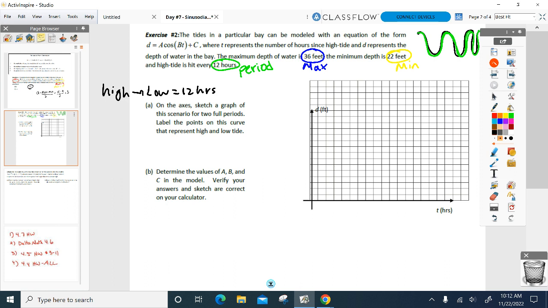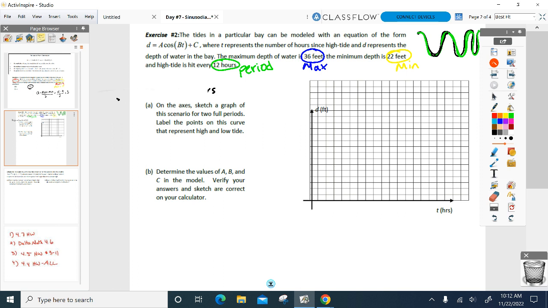If high to low is 12, so from here to here is only 12 hours, 12 wouldn't be the period anymore. What would it be? Another 12, so a total of 24. Everyone see that? Be careful of that. That's only half when they give you high to low. You need to double it to get the full period. A full period is high tide to high tide or low tide to low tide, not halfway in between. So watch out for that.